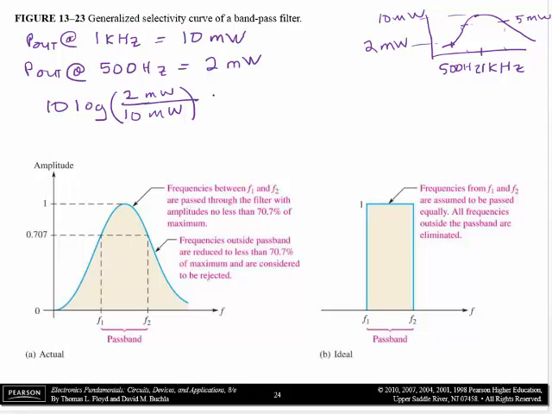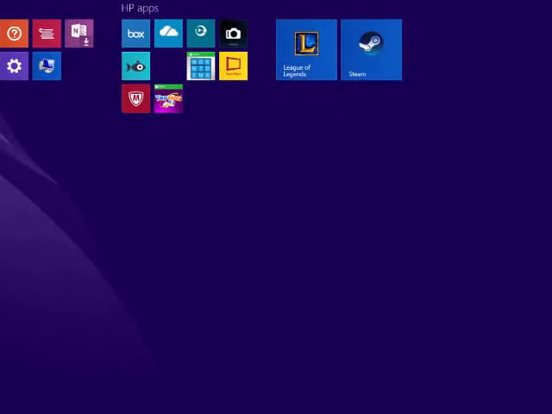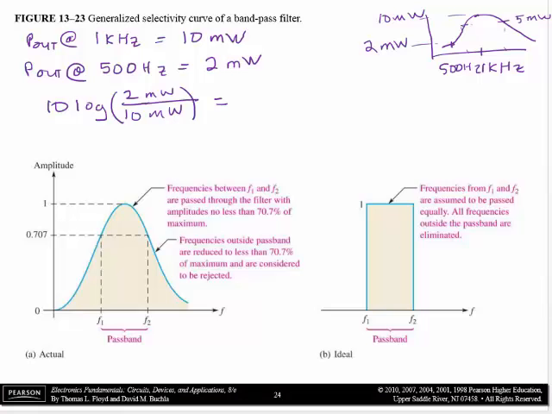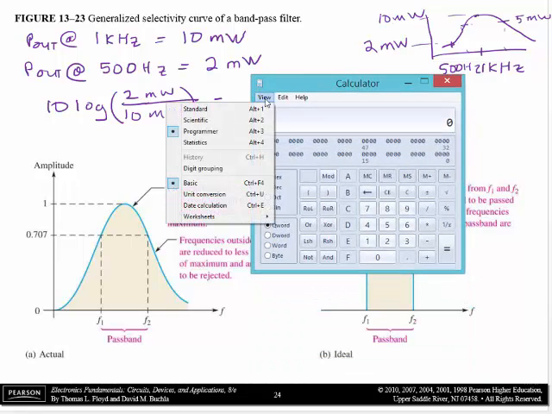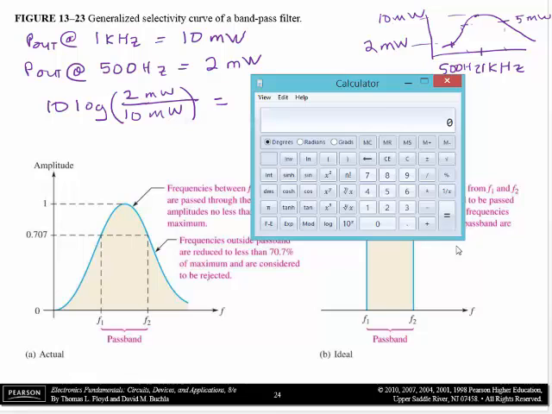And you calculate that on your calculator. I don't have my calculator in front of me, so I will just use a Windows calculator. Let me get my calculator. And look, I'm in programmer mode. Let's put it in scientific mode.